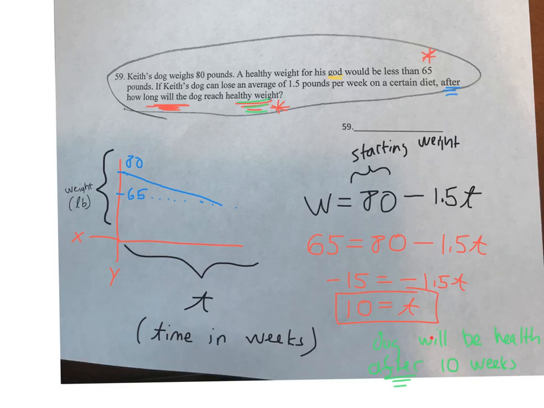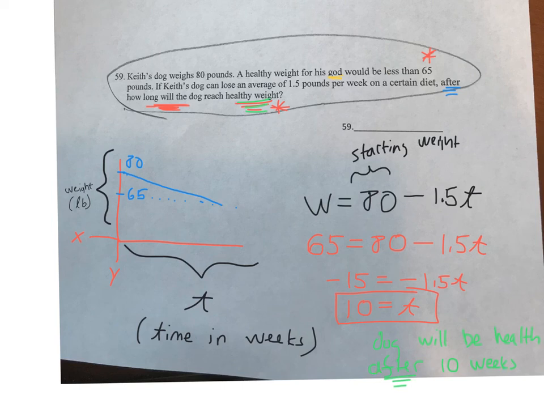Now, this is just a sort of insurance policy that your teacher will insist that you recognize that the dog is not healthy at 65, but the dog is healthy when it weighs less than 65. It will weigh less than 65 after 10 weeks.